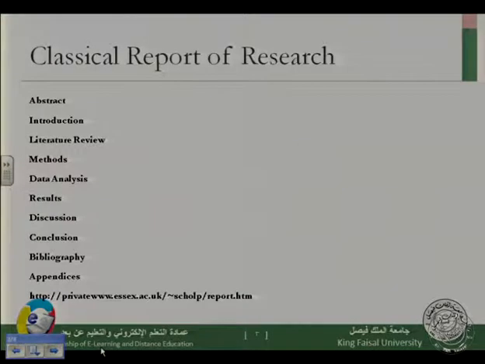We said this is one way of reporting research. We start with abstract, introduction, literature review, methods, data analysis, results, discussion, conclusion, bibliography, appendices, and I referred you to this link, and you can get some idea about these items, because I'm going to devote a lecture to each item of these.